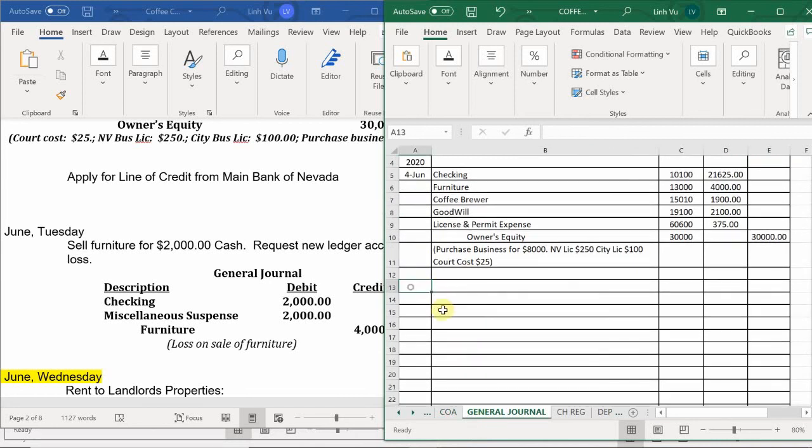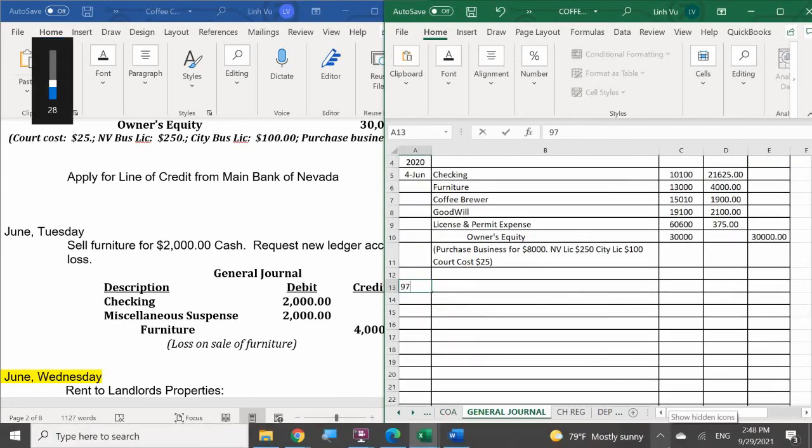This time, today is June 4th. We at least know this: we sold furniture. So we're increasing our checking account because we received $2,000 worth of money.